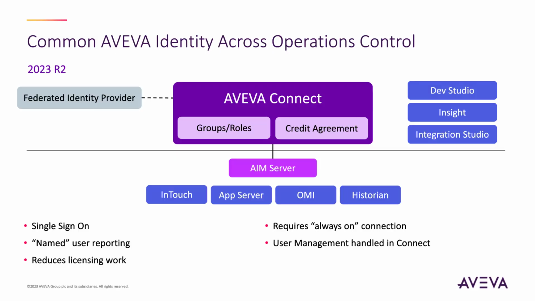Rather than licensing based on tag count, through AVEVA Connect, when you sign on for our AVEVA Operations Control subscription, you license based on your user. This new additional sign-on mechanism will allow users through AVEVA Operations Control subscriptions. Very exciting. Lots of good stuff.